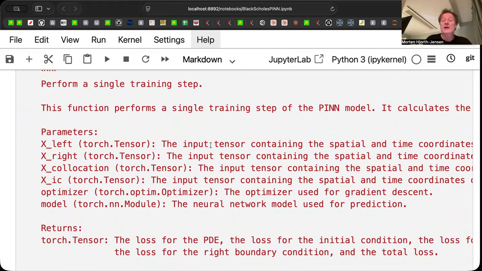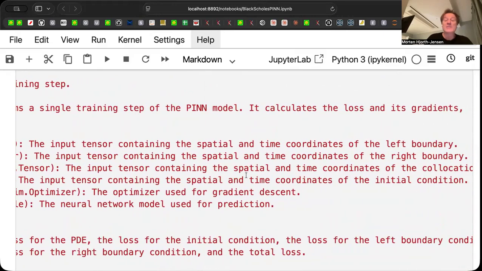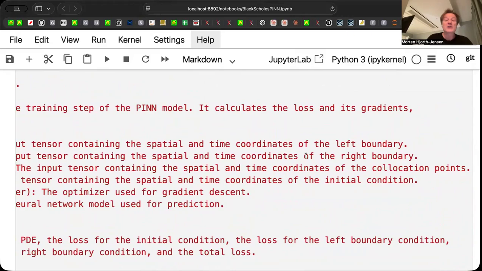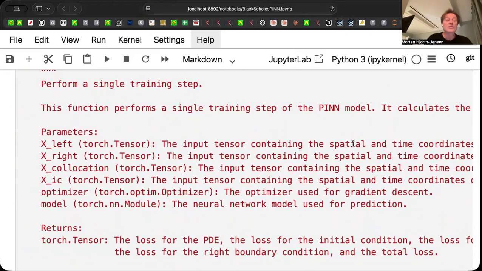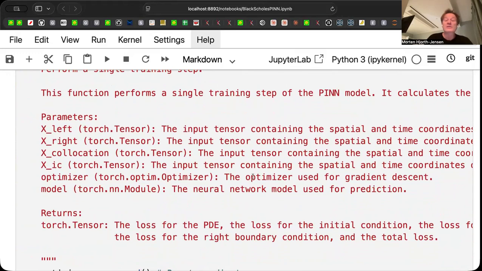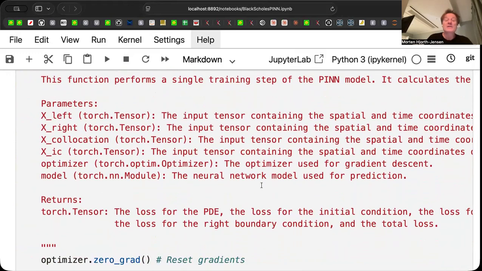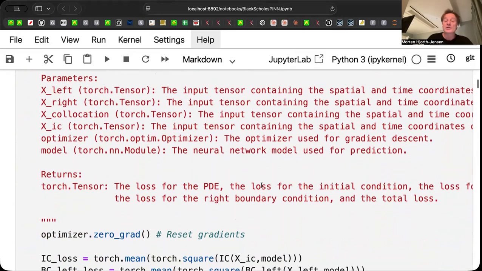So we have the input tensor containing the spatial and time coordinates, the x right and x left. We have the input tensor containing spatial and time coordinates, so the collocation points, and the left and right boundary. And similarly for the initial conditions, then we need to define the optimizer, and then the neural network model, which is used for predictions.